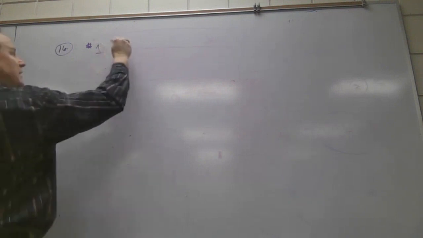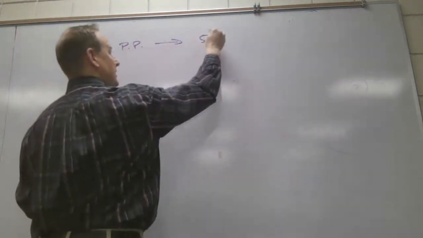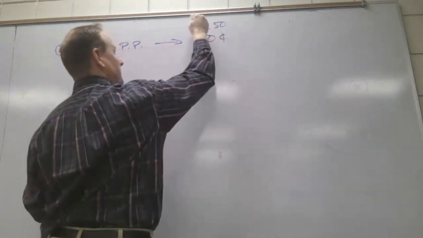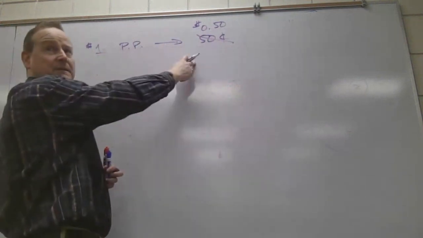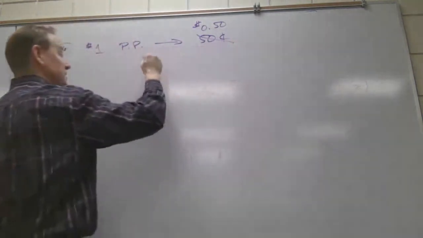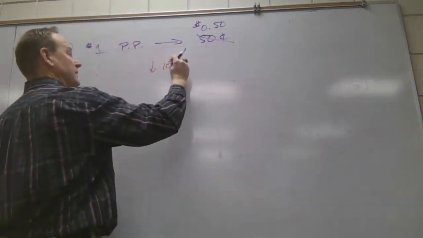So the purchasing power of a dollar is going to be worth 50 cents, or to keep the labels the same, $0.50. That would be better, right? You either have 100 cents and then 50 cents, or $1 and $0.50. But it's reducing at a rate of 10% per year, 4.1.